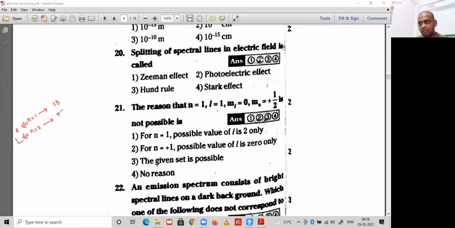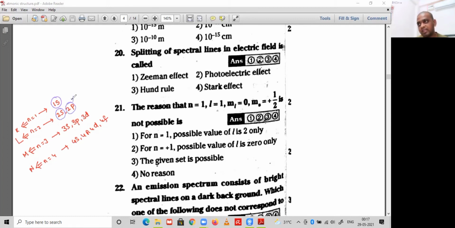In the L shell, we will have 2s and 2p. In the M shell, the n value is 3, and we have 3s, 3p, and 3d. In a similar way, in the N shell, the small n value is 4, and 4s, 4p, 4d, 4f will exist. In the first main energy level, we have only the 1s subshell. In the second main energy level, we will have 2s and 2p.